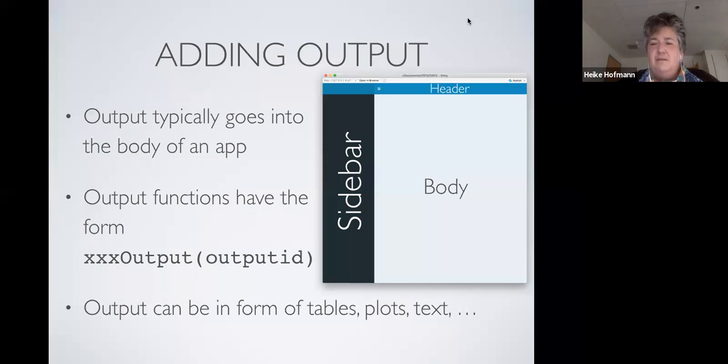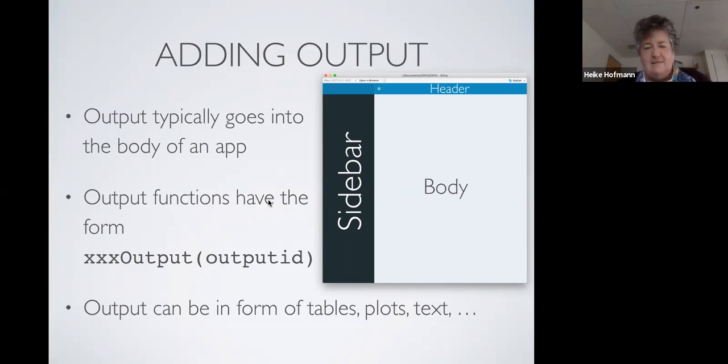Outputs usually go into the body part, and pretty much all the output functions have the form of output followed by the camel case output type. The most important parameter is the name for this particular object, so we have to give that object an ID. The output itself can then be a table, plot, text, pretty much anything.